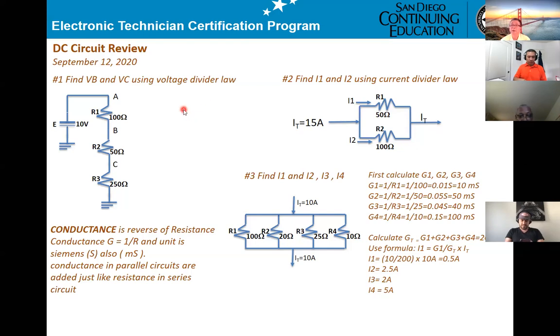Okay, so let's see. VB will be equal to 10 times R2 plus R3, divided by R1 plus R2 plus R3.